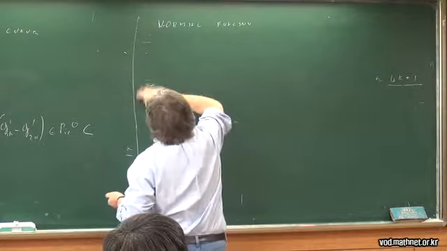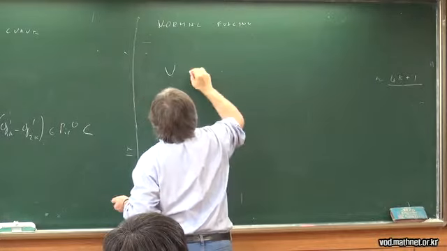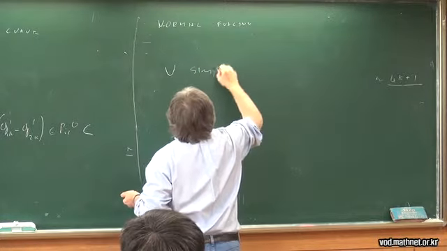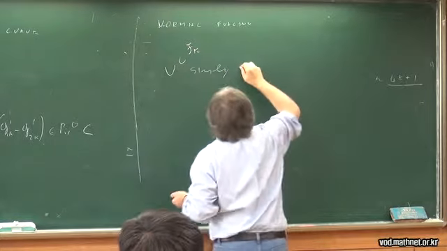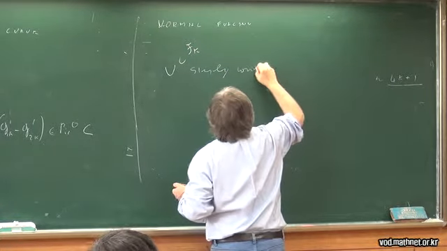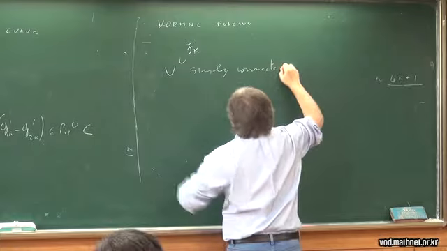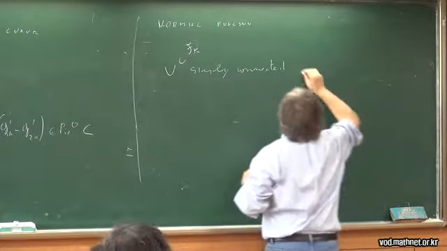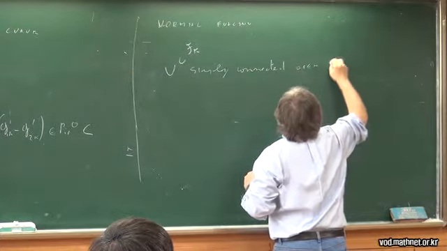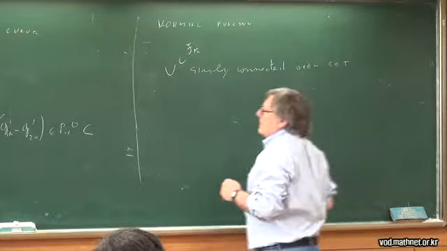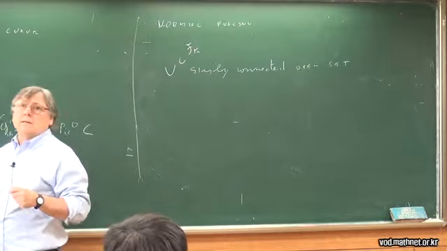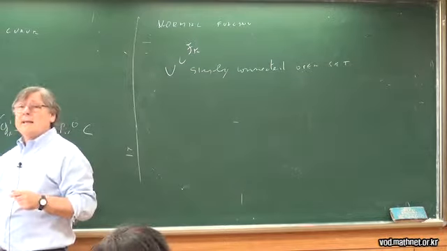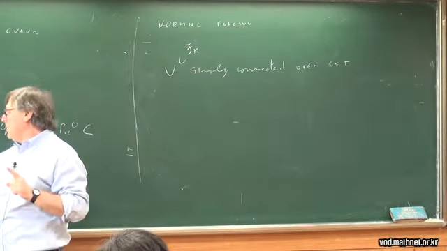So we can now take U simply connected inside Fk, an open set. And so we can trivialize, in a C-infinity way, also in the real analytic way, this family.